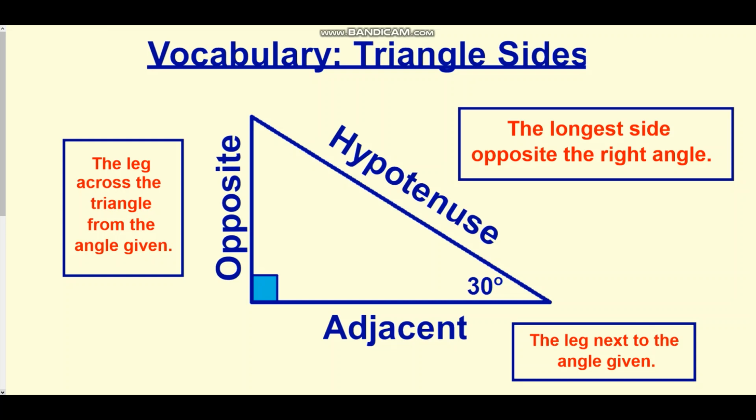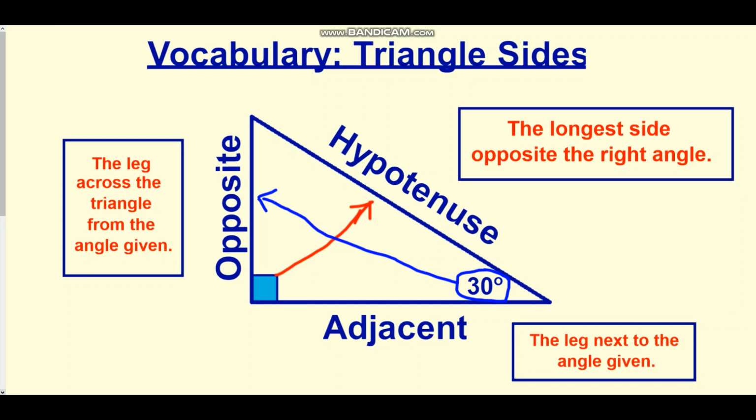The first thing we need to know is how to talk about side lengths. So we know already from Pythagoras theory that the opposite side of a right angle is called the hypotenuse. However, what we don't know yet is that if we're given another angle in this triangle, then the two legs of the triangle, the shorter sides, have names as well. The one that's opposite the given angle is called the opposite side.